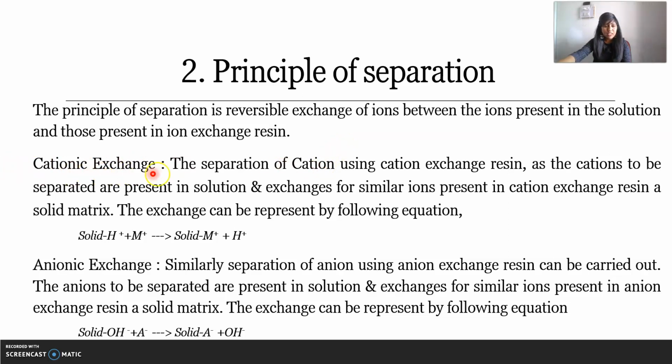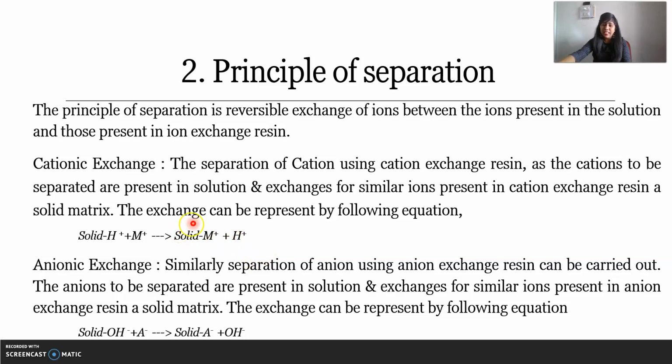Like for example, if we take cationic exchange, the separation of cations usually takes place by cation exchange resin or cationic exchangers, as the cations are present in the solution. Whatever sample we have to analyze, that sample has cations present, and the cation exchange resin exchanges the similar charge ion from the solution to the cationic exchange resin, which is present in the solid matrix.